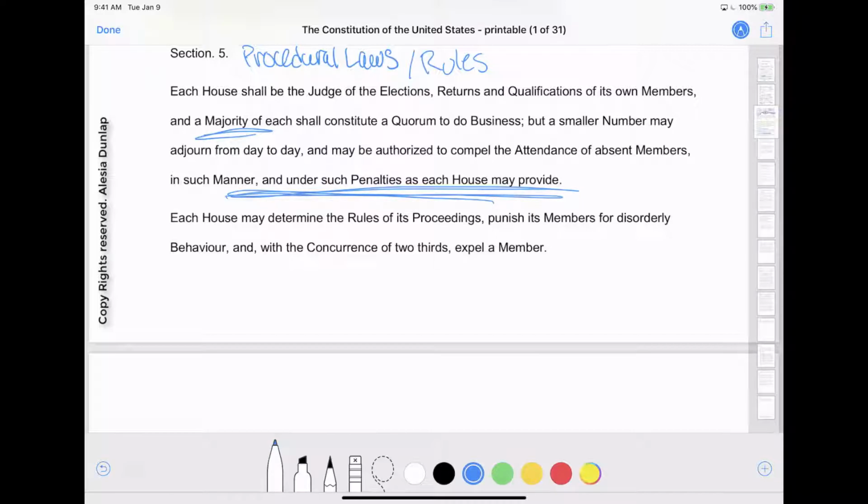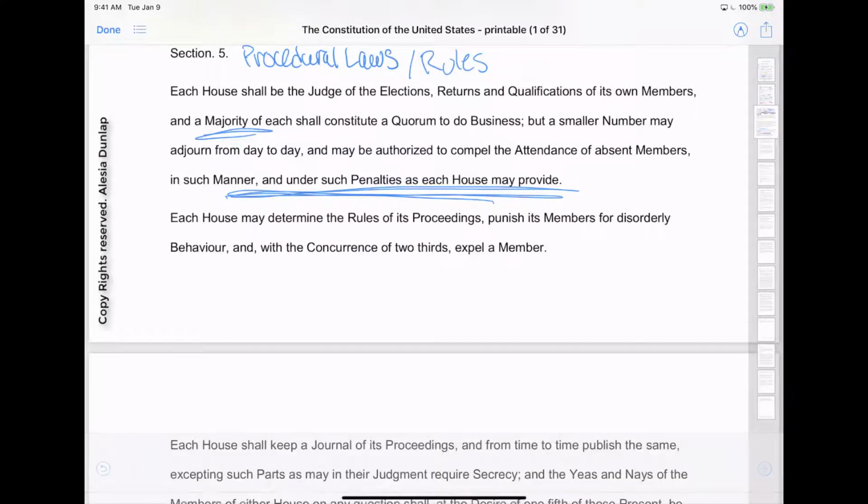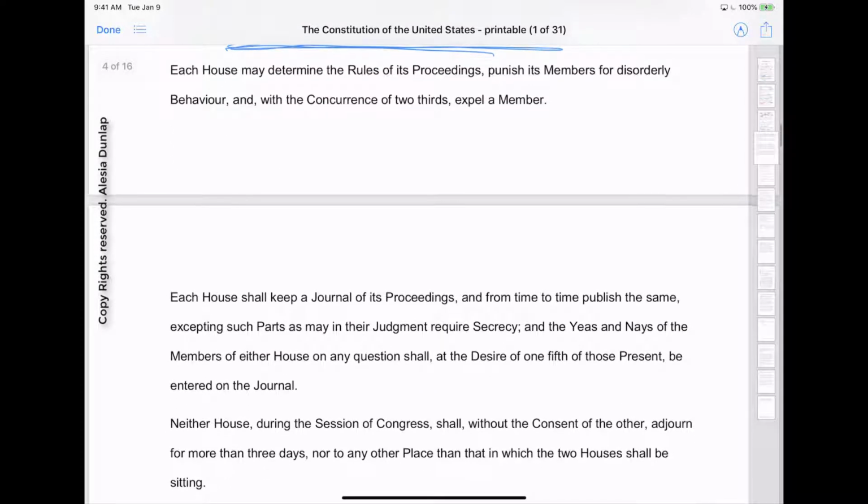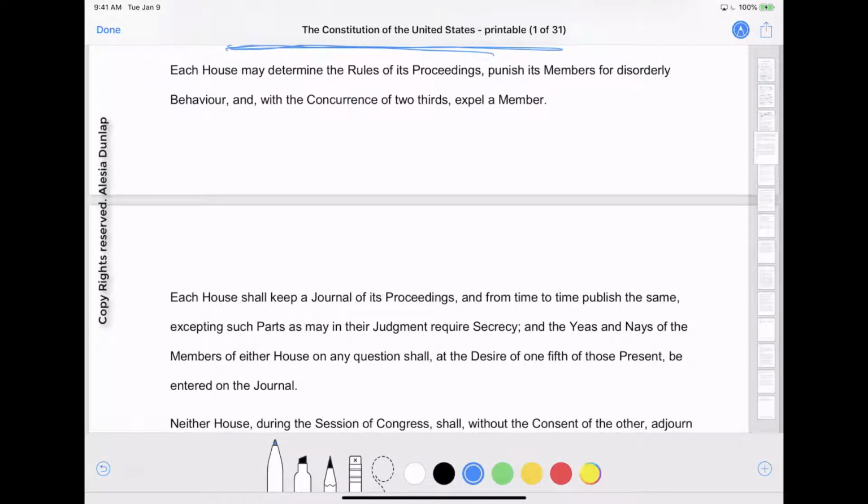Now, Congress has enough power where they can make their own rules, stated here, and punish their members for misbehavior, right? So they might for disorderly behavior, and expel a member if a 2/3 vote is cast. So I would ask here, where is it in the separation of powers and checks and balances?